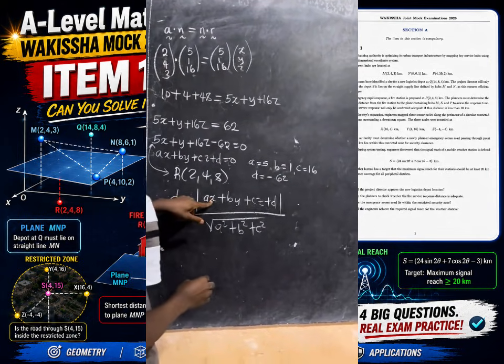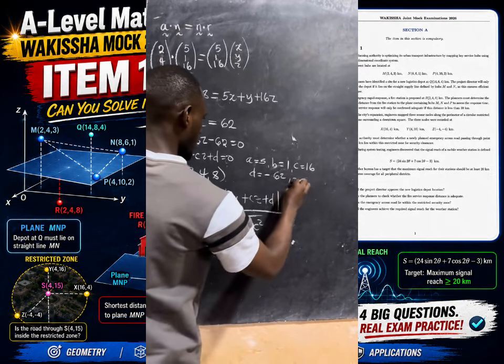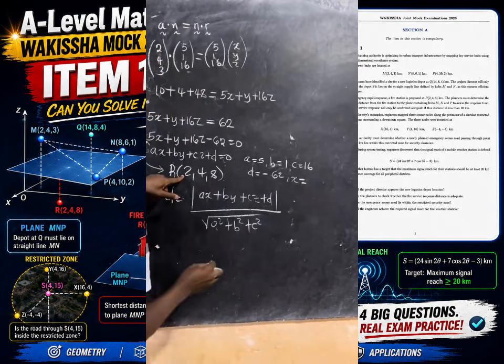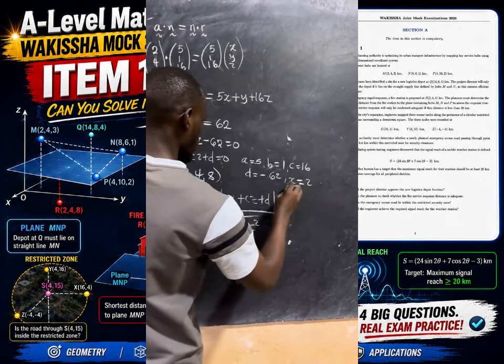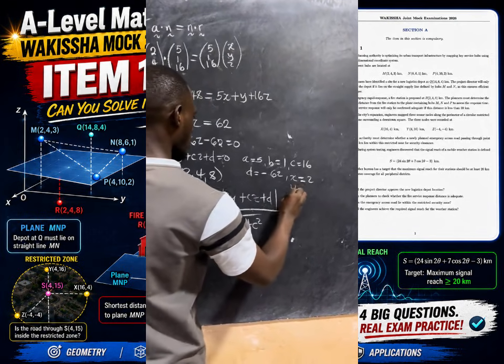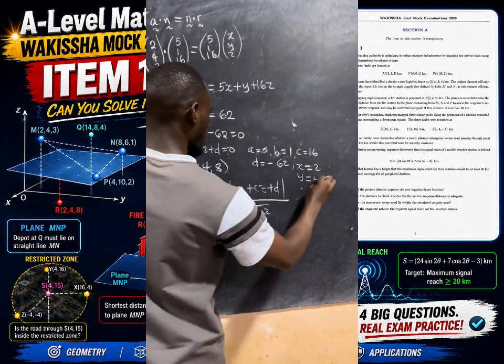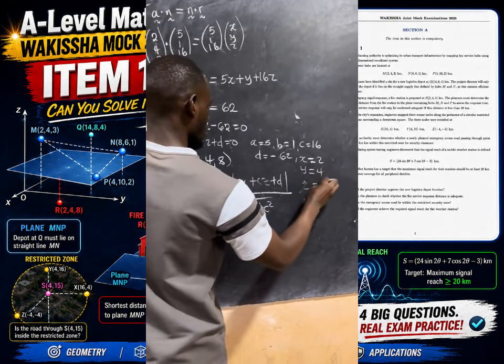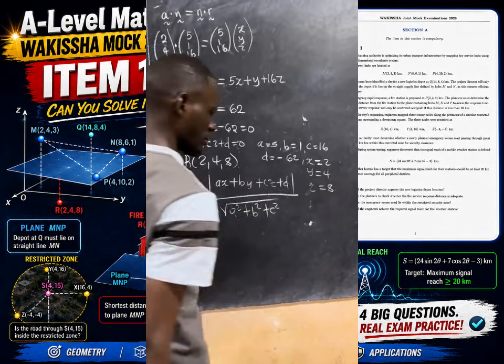Then, because we are substituting here, x is the point we are going to from the plane to a point. X is 2, y is 4, then z is equal to 8.